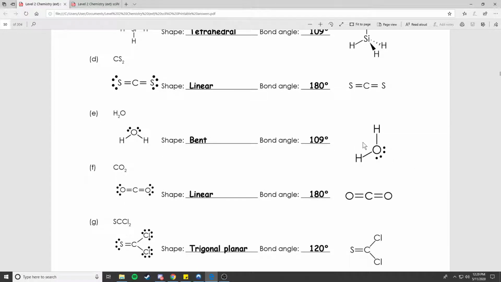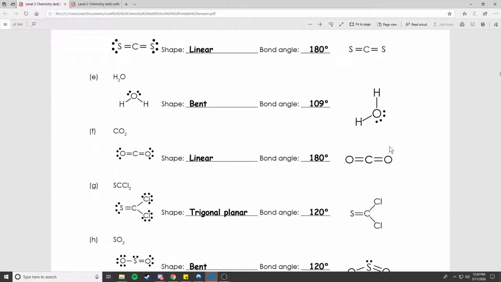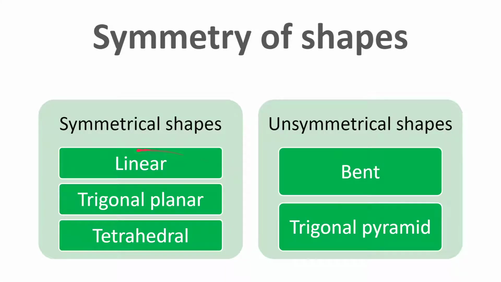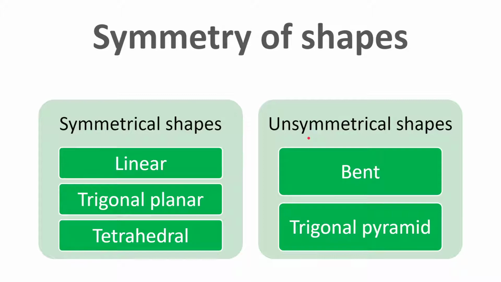We could draw this down here, but it's considered a non-symmetrical shape because the charges are not balanced. It's all to do with the charges balancing out. So, here's our symmetrical shapes, here's our unsymmetrical shapes. Okay? This is very important when it comes to polarity, which we'll see for more of the shapes slightly later.